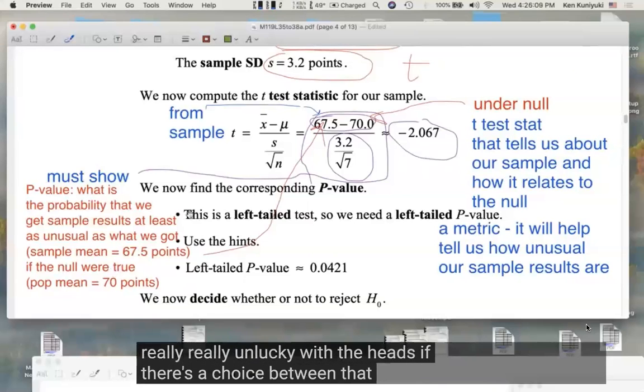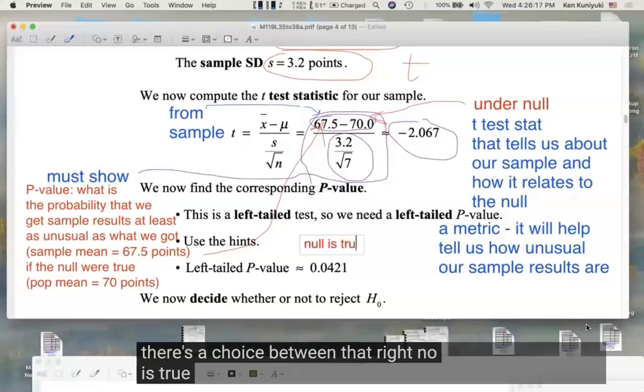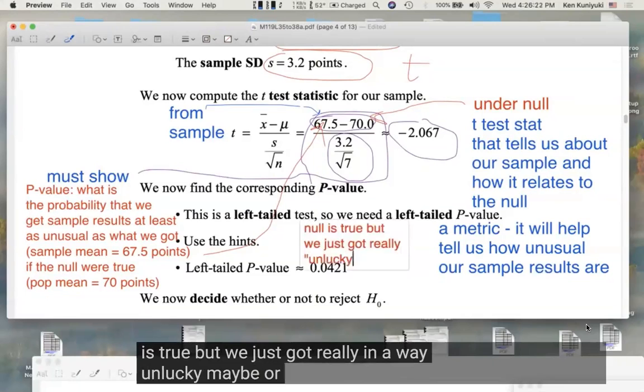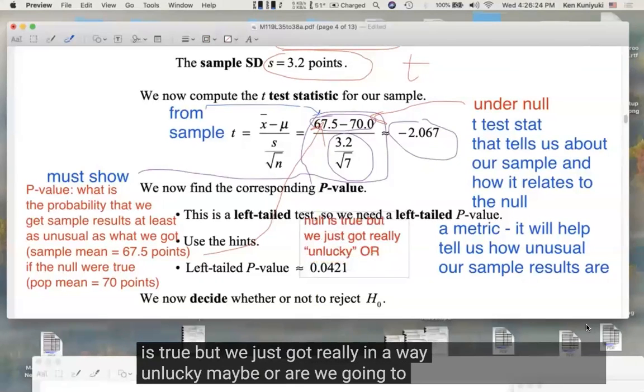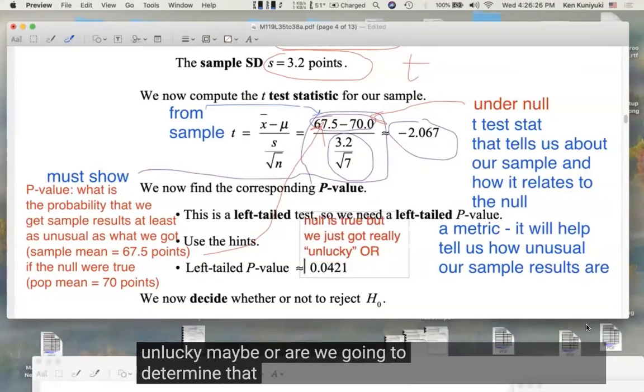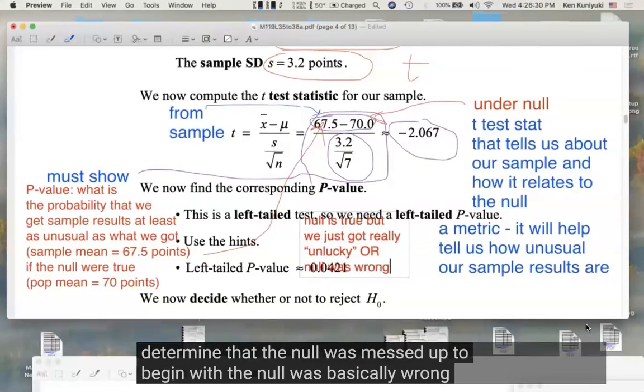The null is true, but we just got unlucky, maybe. Or are we going to determine that the null was messed up to begin with? The null was basically wrong.